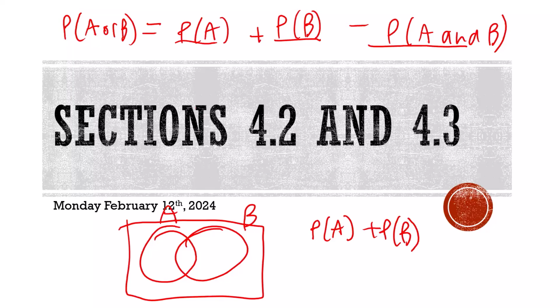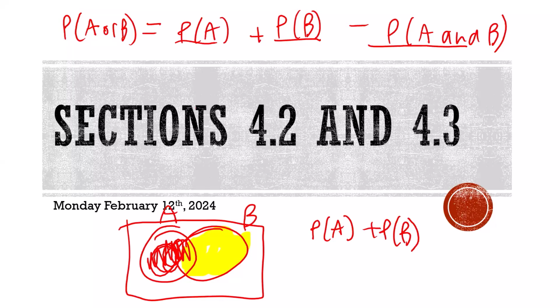So the probability of A is right here in red, and the probability of B here in yellow. Adding them assumes these are disjoint.